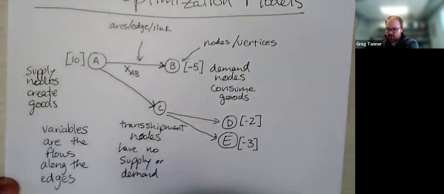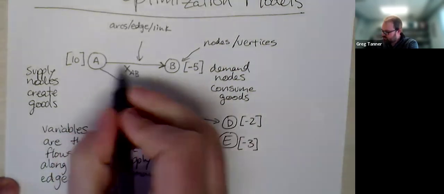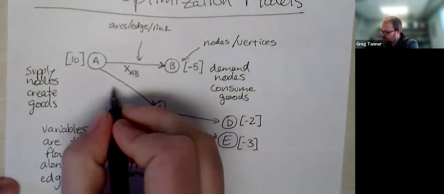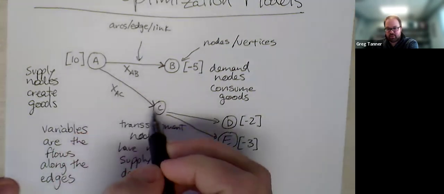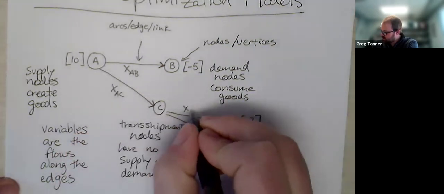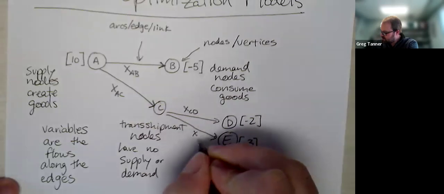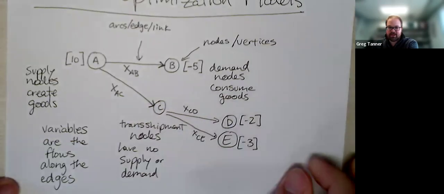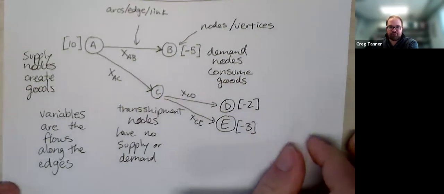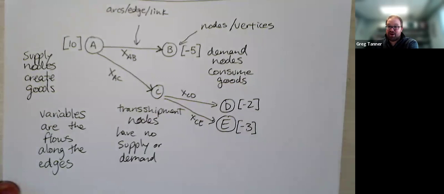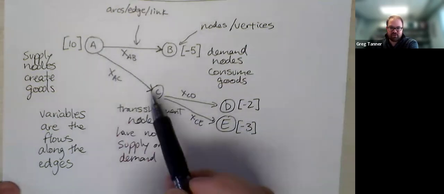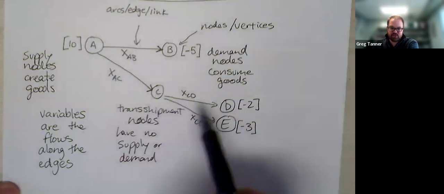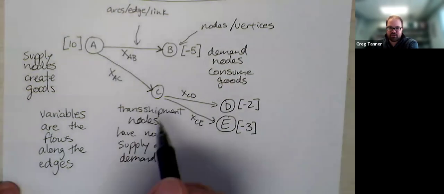Okay, our variables, what we're usually looking for to solve for is how much goods should flow along each edge. And so I'll have one for the edge between A and B. I'll have another one for XAC, which represents the flow from A to C, XCD, and XCE. Okay, and in this simple setup, it's not hard to determine by inspection what the flow should be to match up our supplies and demands, and that we should have 5 units flowing here, the other 5 units flowing here, and that splits into 2 units to there and 3 units to there.